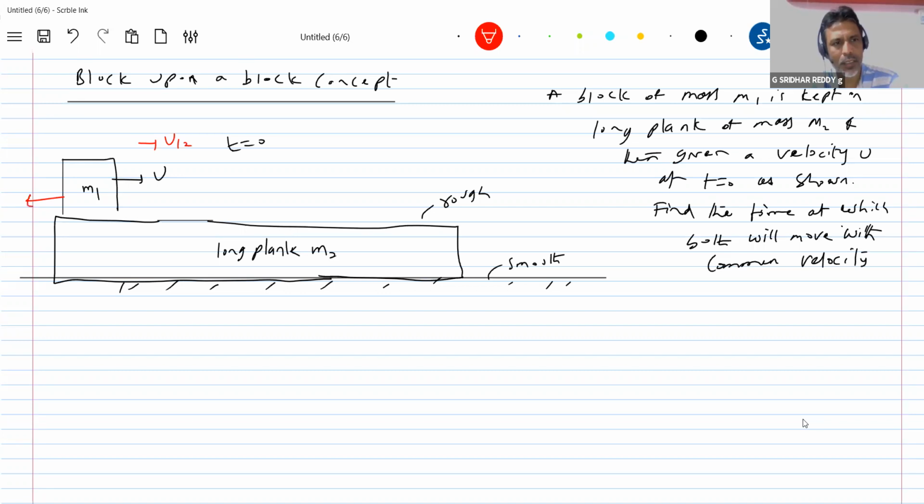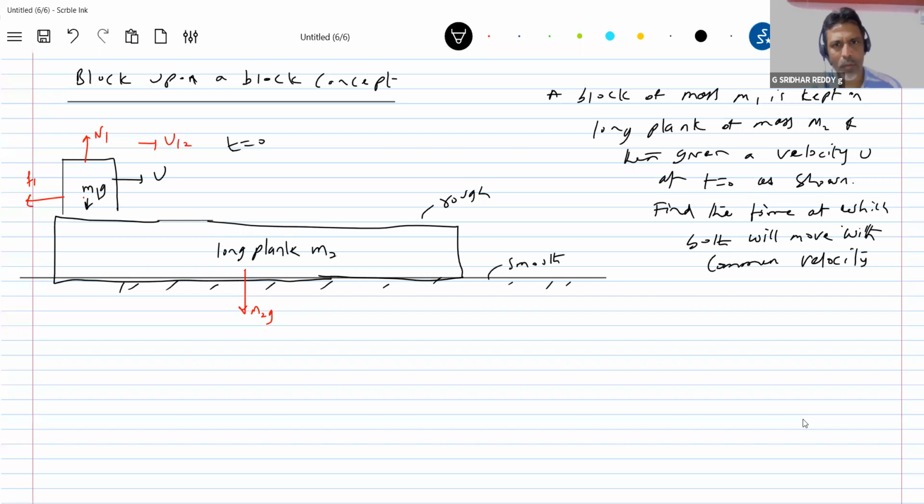So before that, show me the forces that are acting. The weight of the plank, M2G. There will be a normal contact between them, the normal contact N1, and this is M1G.